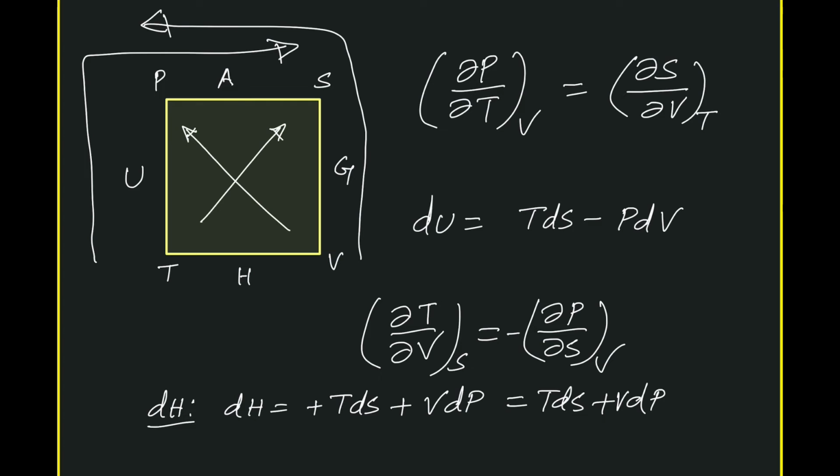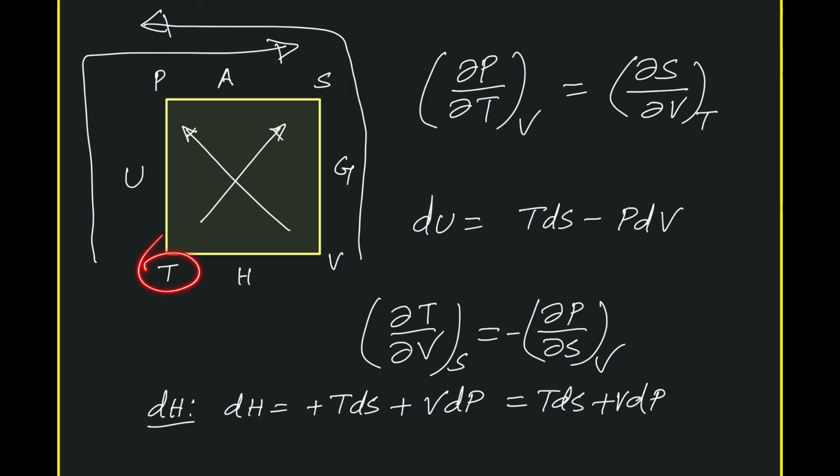What is the Maxwell relation corresponding to dH? ∂t/∂p at s equal to ∂v/∂s at p. Otherwise, we are going upwards, here also we should go upwards.